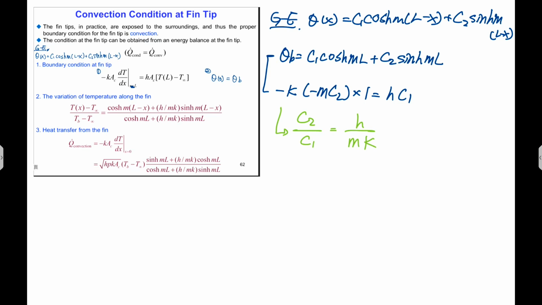Then we need to create a relationship from the first one, to get rid of the unnecessary parameters. So for the first one we divide by C1, then theta b over C1 will equal hypercosine plus C2 over C1 times sine. Then here equals this.